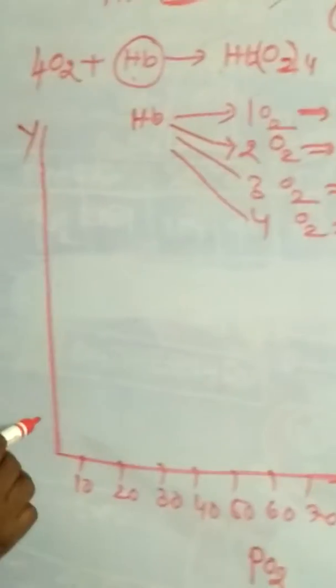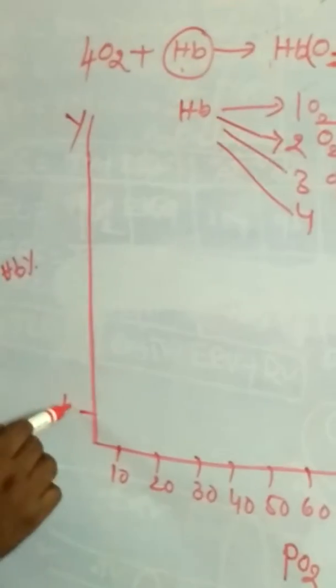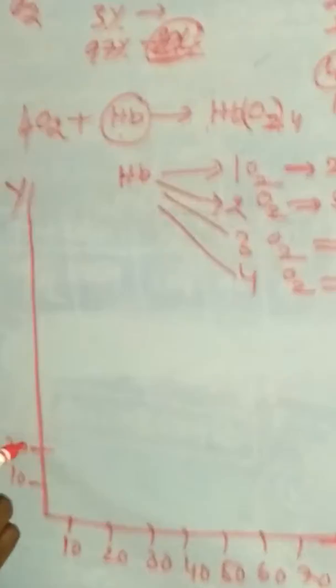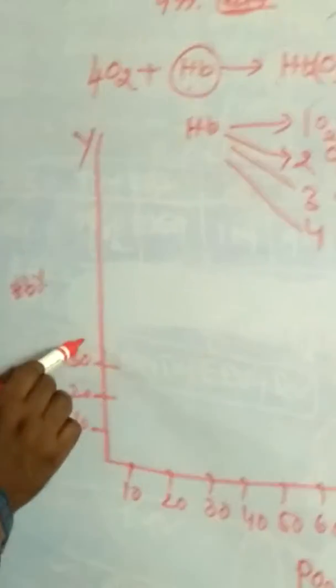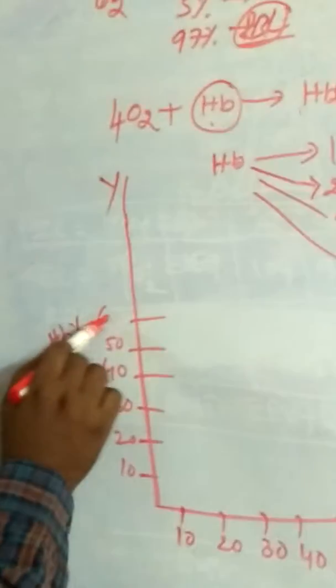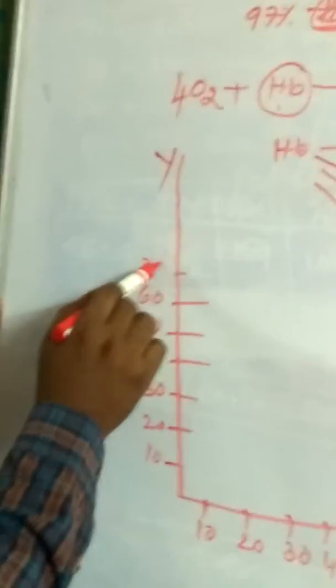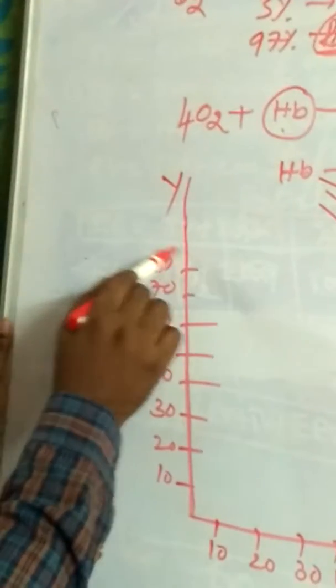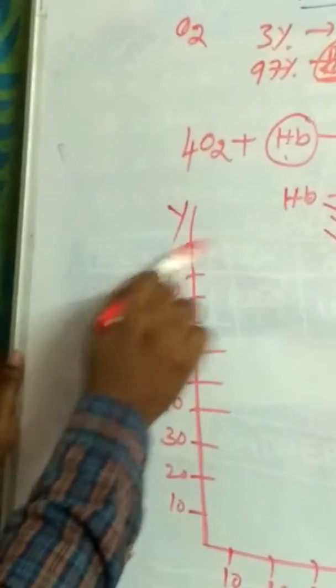On the y-axis, saturation: 10%, 20%, 30%, 40%, 50%, 60, 70, 80, 90, and 100%.